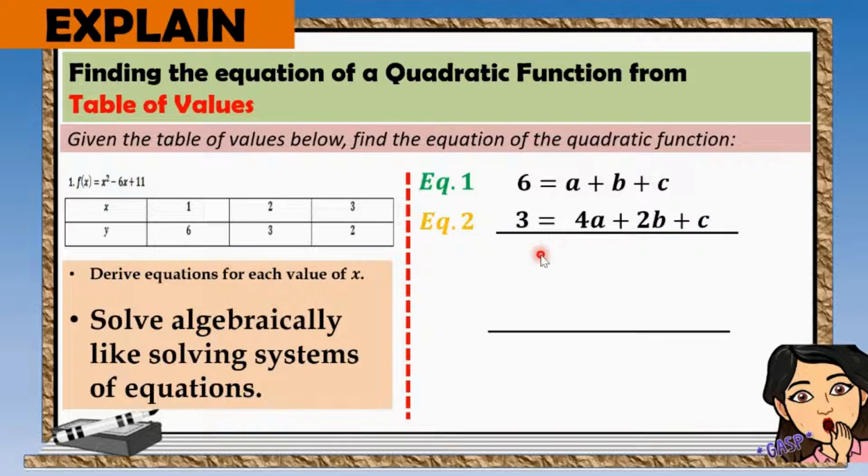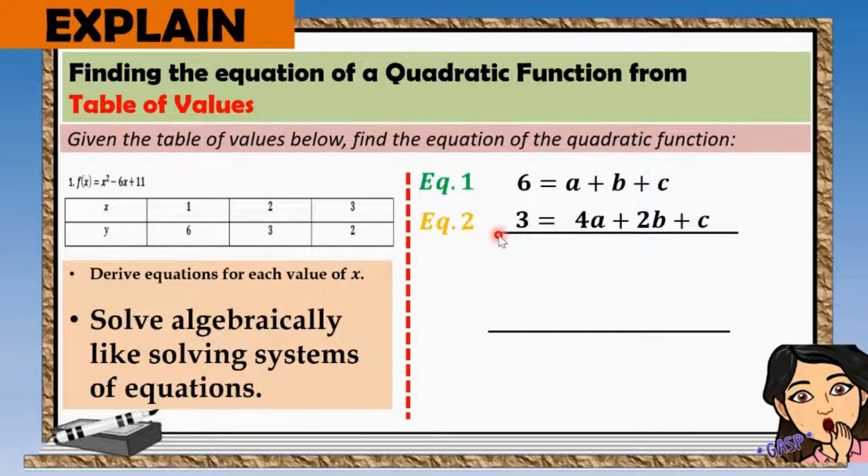Equation 2 is 3 equals 4a plus 2b plus c. Our goal is to simplify these equations so we can solve for any of those variables. So, let us subtract equation 2 from equation 1.